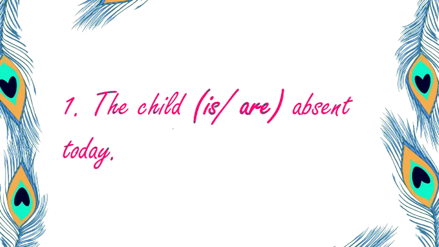So when we have a singular subject, the verb should also be singular. So now just see, is singular or are singular? You're right. The word is is the singular verb. So this is your answer. The child is absent today. Remember, we put the verb in accordance to the subject. Alright?